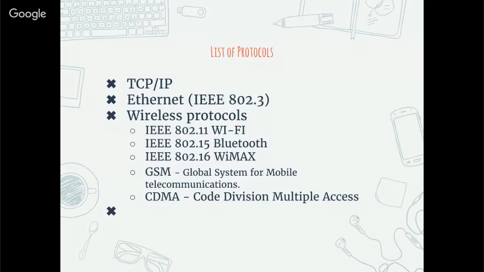IEEE 802.11, IEEE 802.15, which is Bluetooth, but you have heard of Bluetooth, and Wi-Fi. If you encounter any documents with these terminologies, you'd have been exposed to them. Fair enough? You'd have heard of GSM, this is also a wireless protocol, and CDMA.